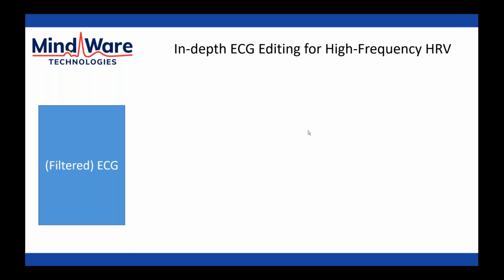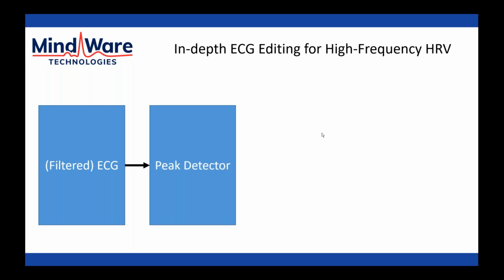We'll talk about the specific filters when we get into the HRV application itself, but generally speaking, when we filter our ECG, we're trying to take as little out as possible. And that's generally a rule when we're applying any filters to any physiology data: we want to preserve as much of the original signal as possible while removing any sort of noise or external frequencies that can make our job more challenging as editors and during analysis.